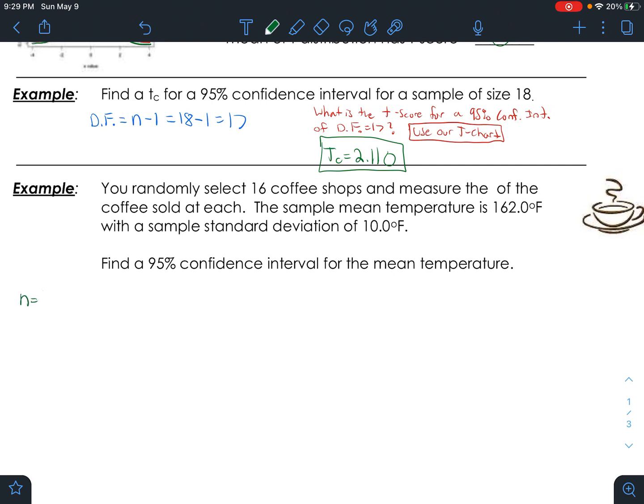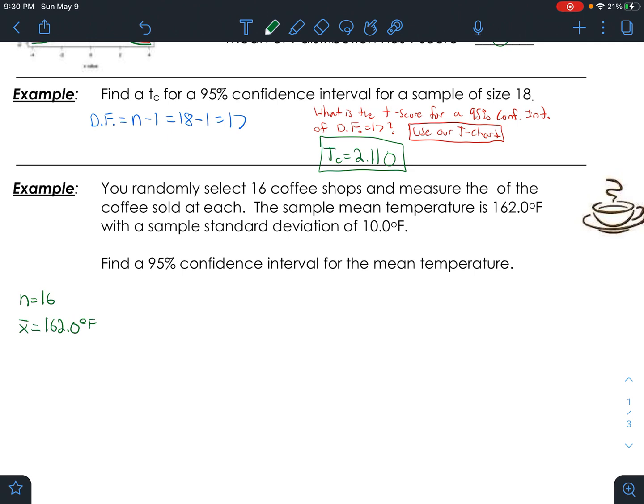So we have 16 coffee shops, our N value is 16. The sample mean temperature is 162.0 degrees Fahrenheit with a sample standard deviation of 10.0.